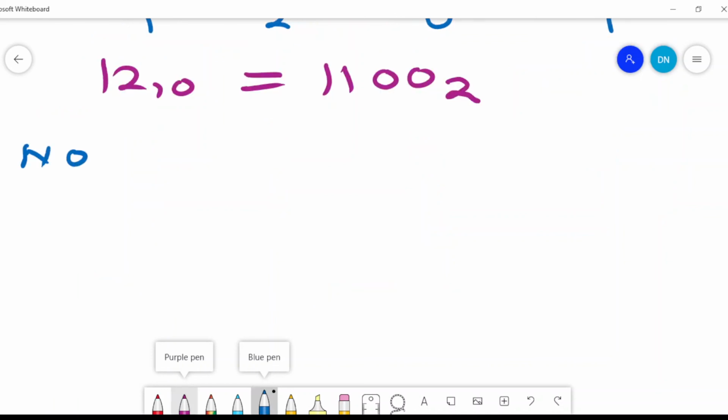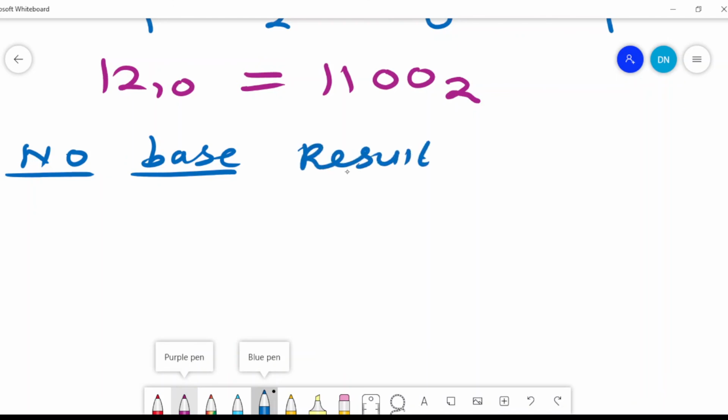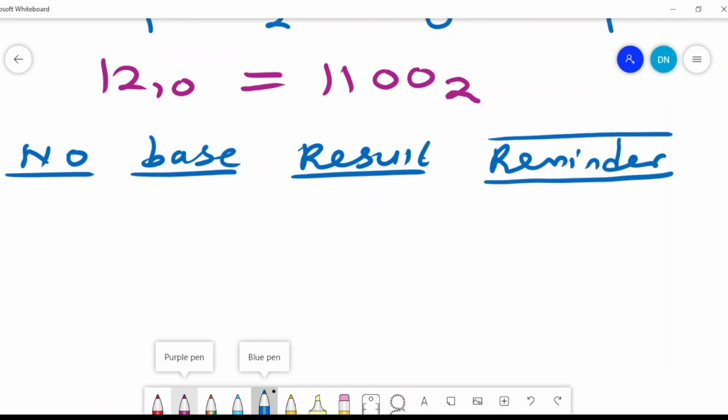We have the number, the base, then the result, and the remainder, and the remainder in this case is the binary number that you're interested in.